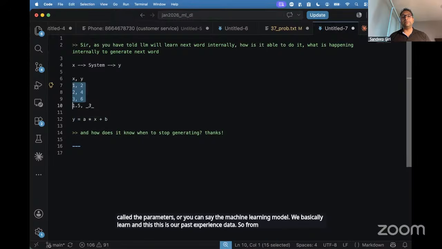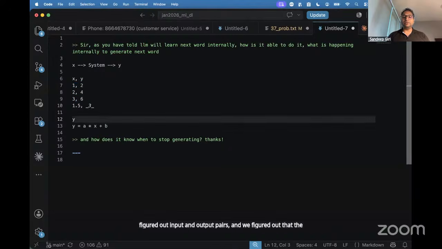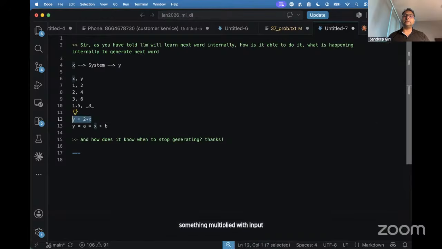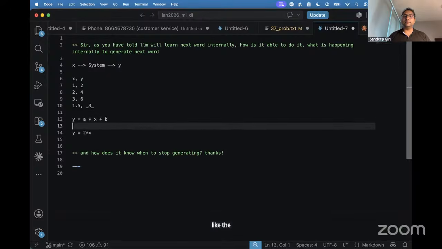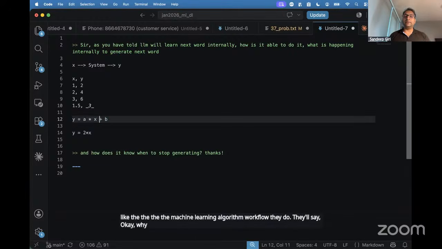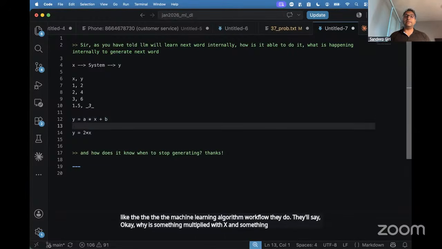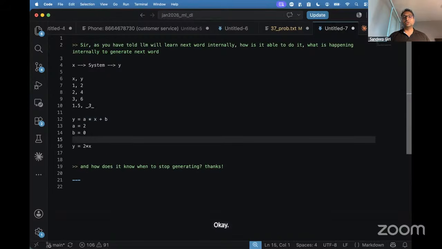From this, we figured out input and output pairs, and that Y seems to be something multiplied with input. So Y is equal to twice of X, and that's it. The machine learning algorithm will say Y is something multiplied with X and something added, and when they fit that into the data, we'll figure out A is 2, B is 0.